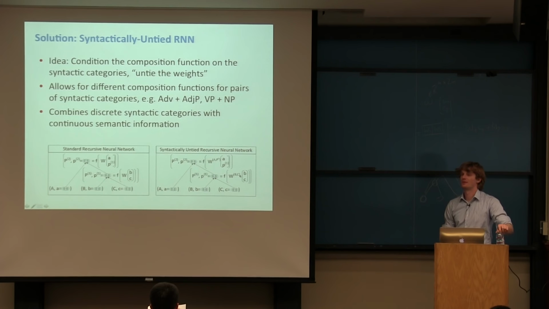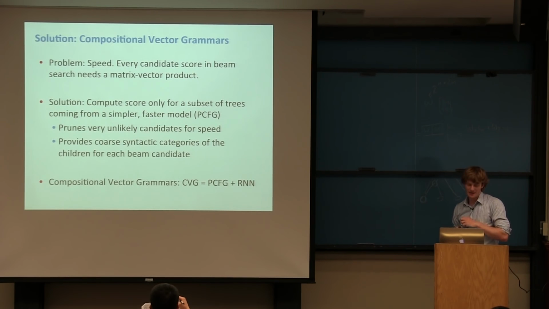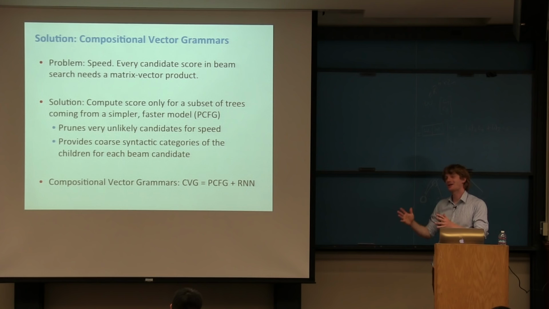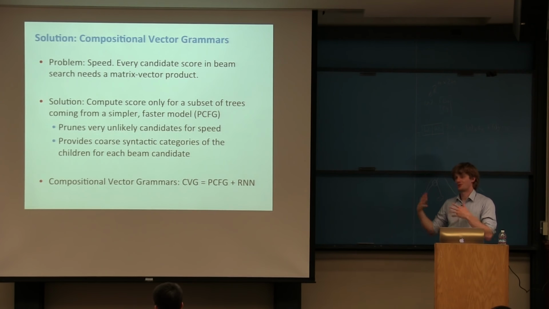Yes? How do you get these syntactic categories? Right. So how do you get the syntactic categories? Basically, you use a very simple model that is not very accurate, but basically just looks at the summary statistics of your training corpus. You know what the right trees are, right? The linguists, again, had sat down and created, for instance, the Penn Treebank. And in the Penn Treebank, you can know, all right, these kinds of things only ever combine this kind of way.